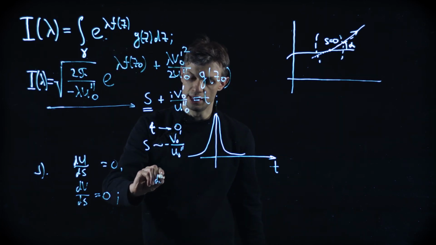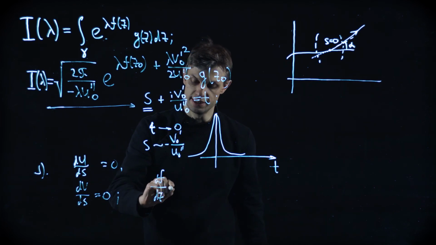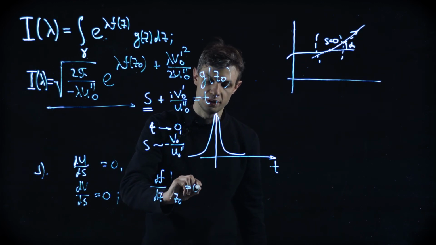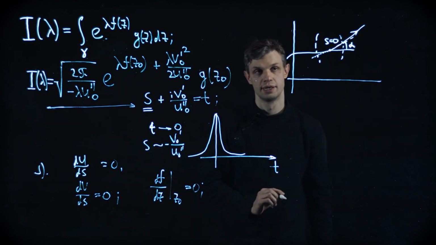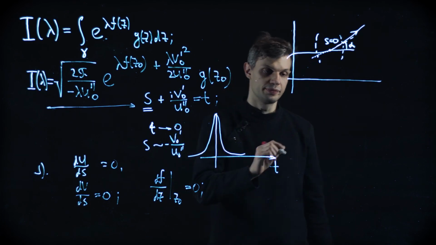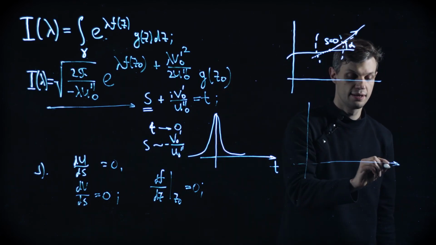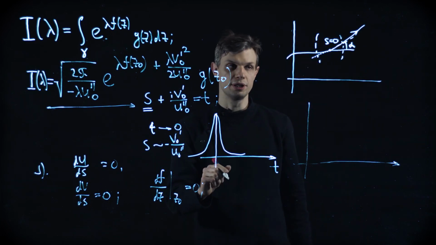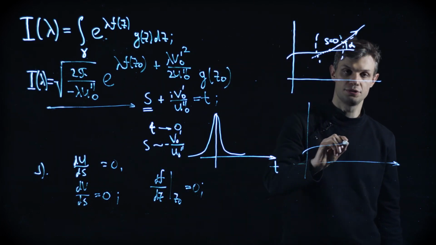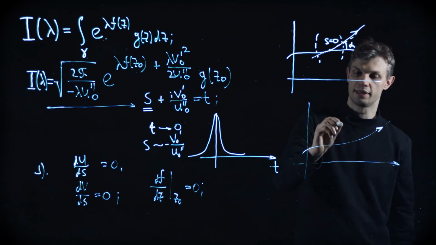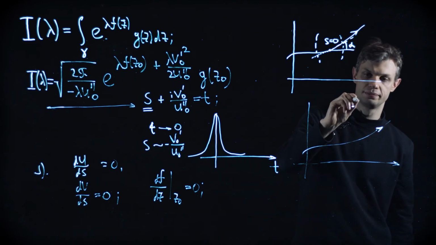So df over dz at some point could be equal to 0. But the problem, on the other hand, is that in most cases these critical points don't belong to the contour itself. It may lie somewhere here.